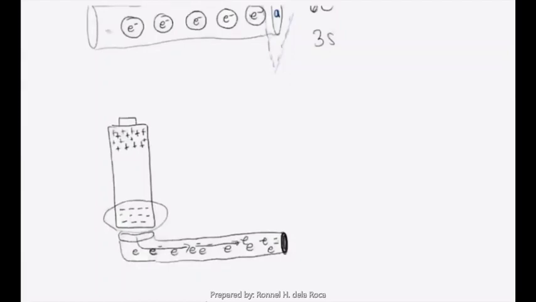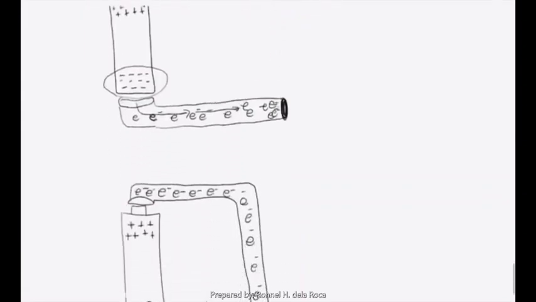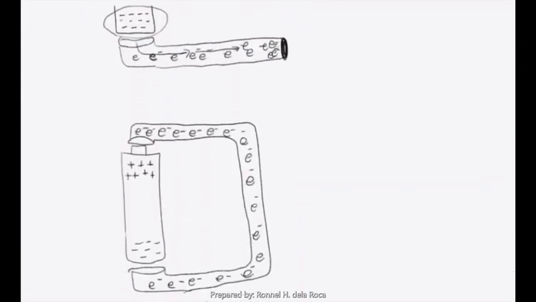Kaso, dahil nakabitin or walang connection yung other end ng wire, ang tendency ay mag-ipon lang yung electron dun sa dulo. So, para gumalaw yung electron doon sa dulo, pwede nating i-connect yung other end doon sa positive terminal ng battery.